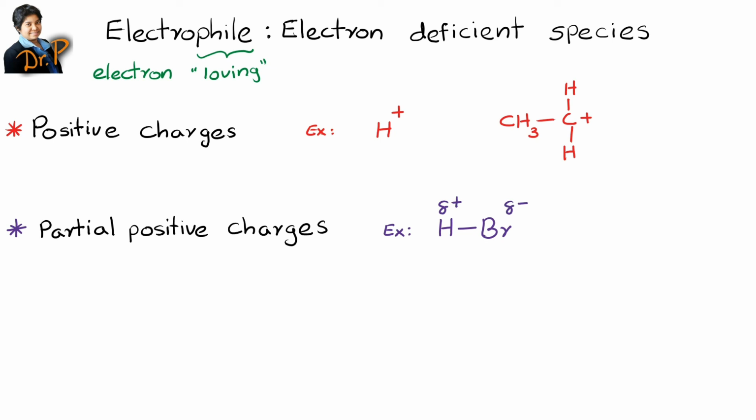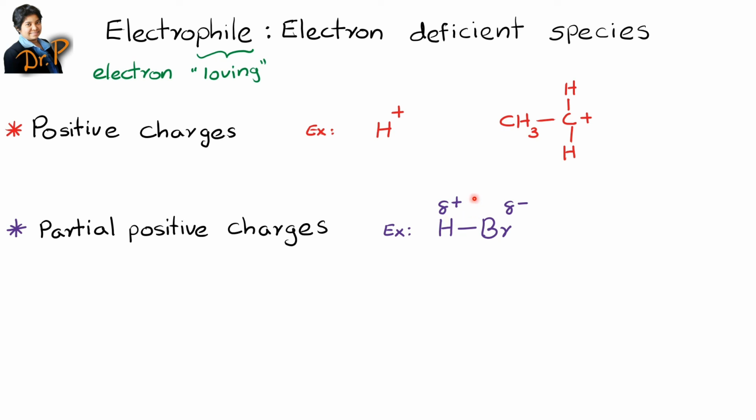For example, let's take this HBr bond. From your general chemistry, you know that there is a bond polarity in this HBr bond based on their electronegativity difference. The electronegativity difference results in this bond polarity you observe here. We denote these partial positive charges by using the symbol delta.